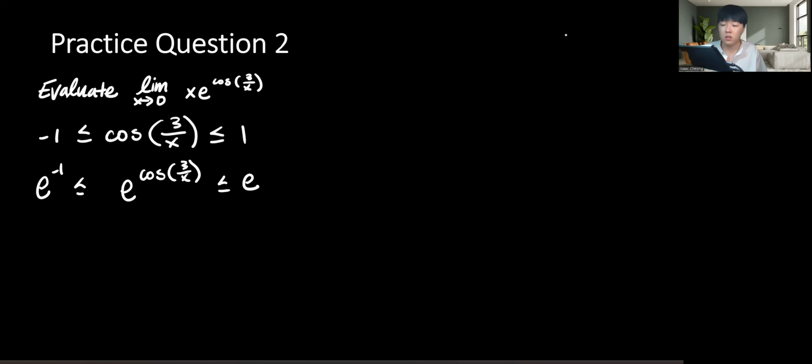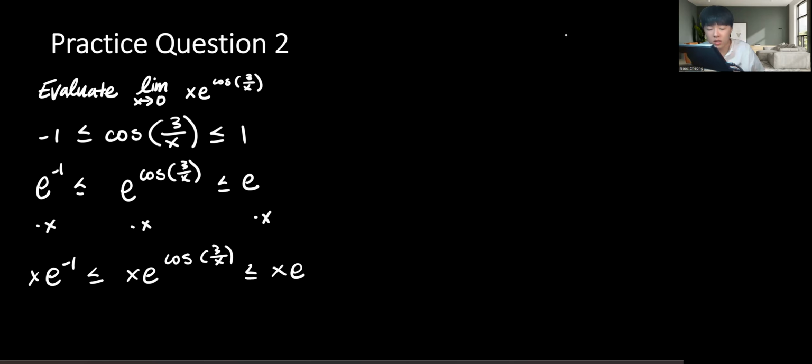The next step is to multiply by x, because our objective function has an x. So we multiply x on every side, and you get x e to the -1, x e to the cosine of 3 over x, and less than x e.